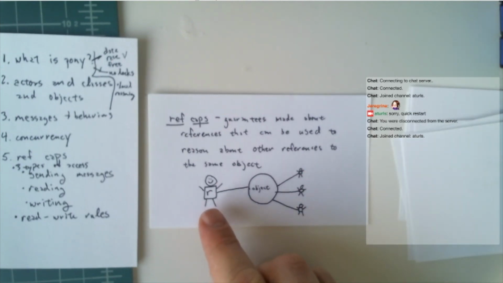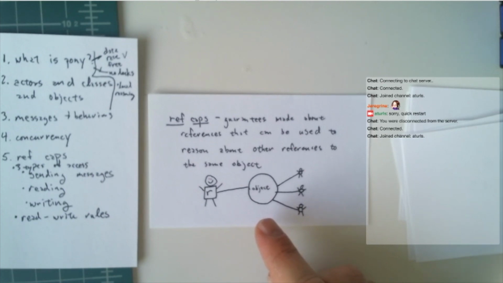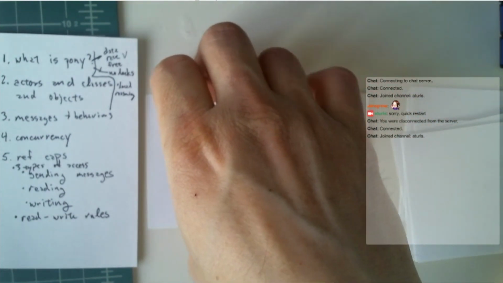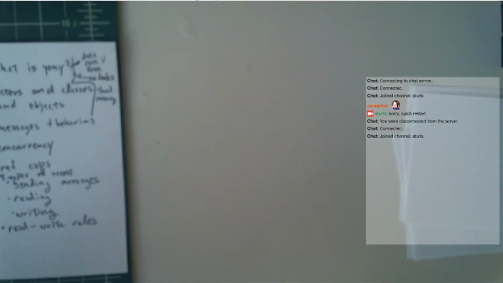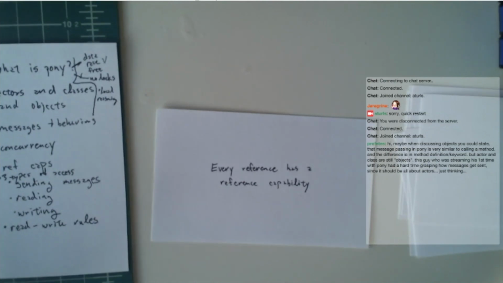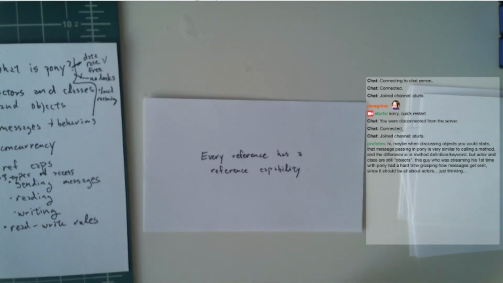We can look at this reference capability R and know some things about these other references, and that knowledge can then be used to help us figure out if it's safe to pass this object off to another actor. Every reference has a reference capability, so there's no such thing as a reference without a reference capability. You may not explicitly specify it, but it's always there.